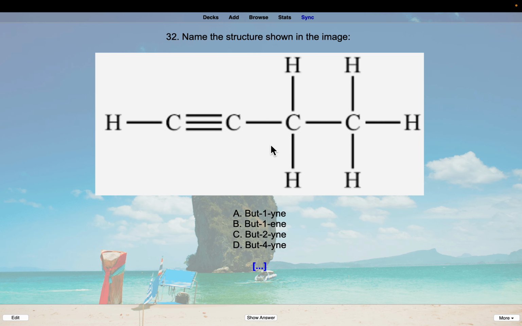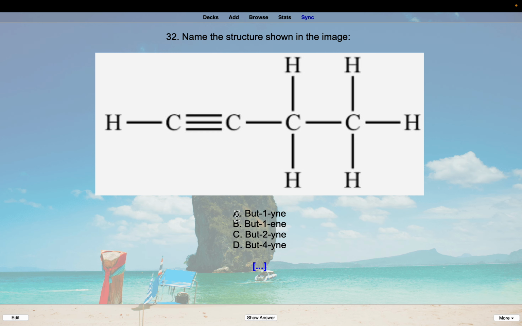Next, how many carbons do we have here? 1, 2, 3, 4. So this is but-. All choices have that prefix, but only one stands out. We have a triple bond, so A, C, or D are possible answers. But as you can see, on the left side of the triple bond we have the first carbon atom.